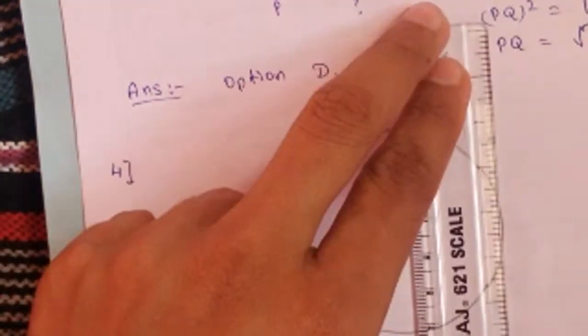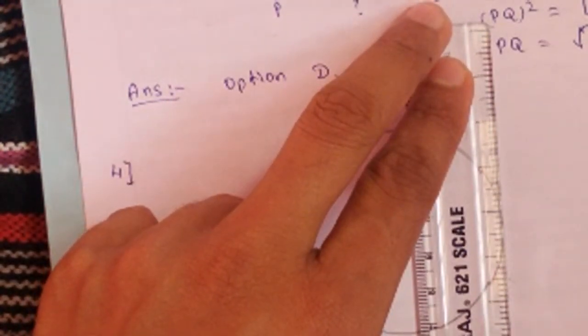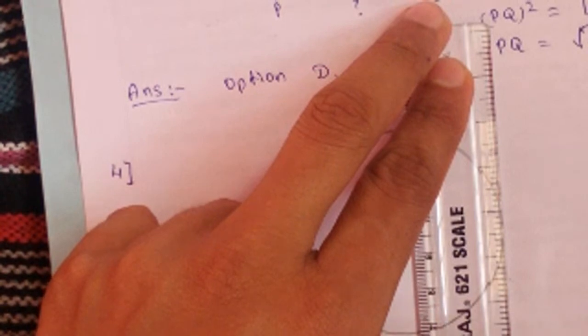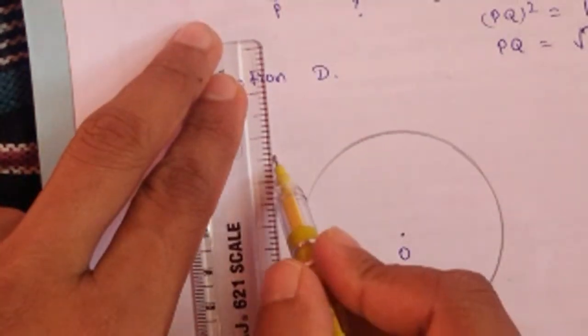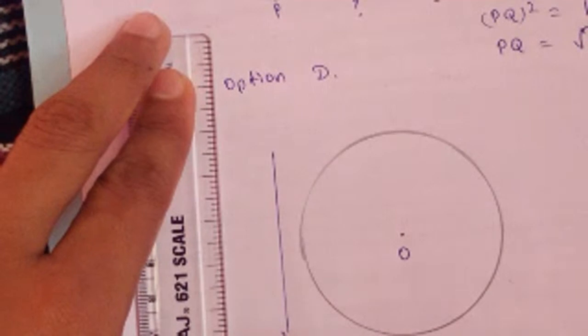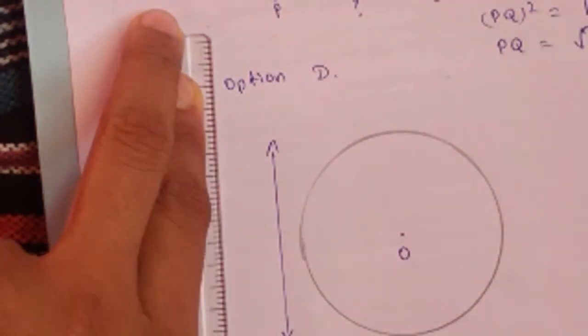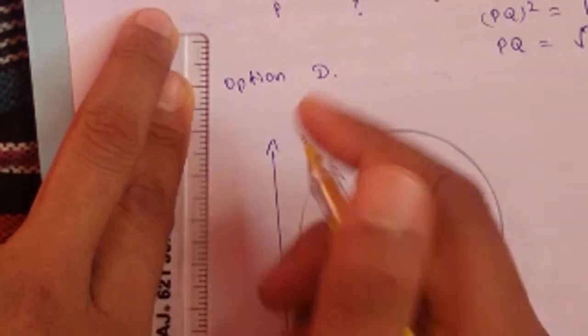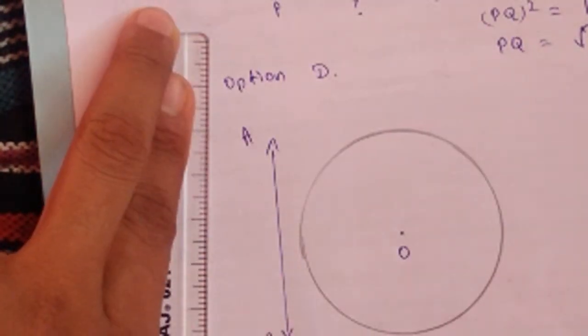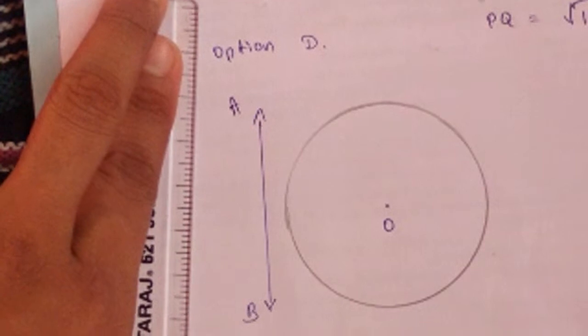If you draw a line here, it becomes a tangent. So to draw a given line, we have to draw it outside the circle. Then only, according to the statement, our answer becomes correct. This is the given line, so I will call this line AB.